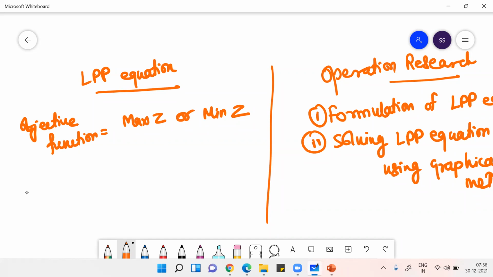Before you write the objective function, you should know your decision variables. Decision variables are those variables which impact your decisions, like what you are going to manufacture and how many units of it. Then nothing in this world comes for free, so there are always constraints. We write subject to constraints and note all the constraints.